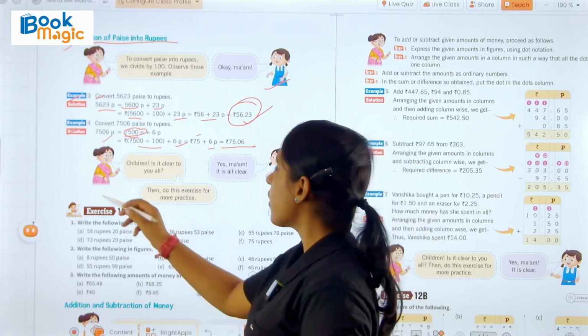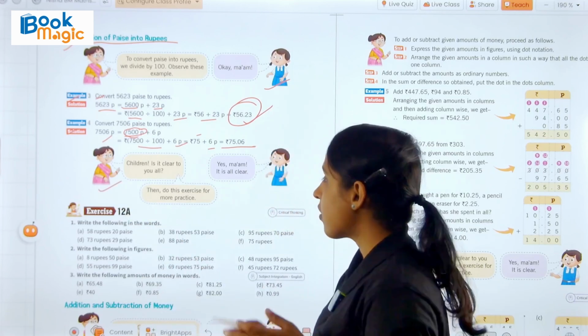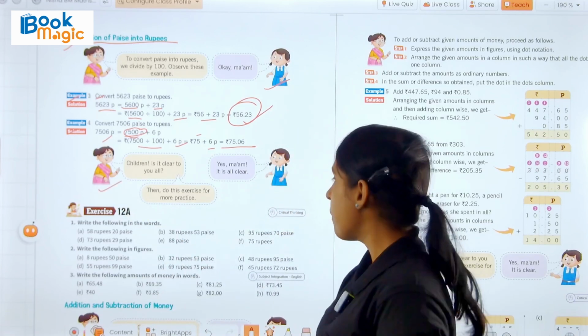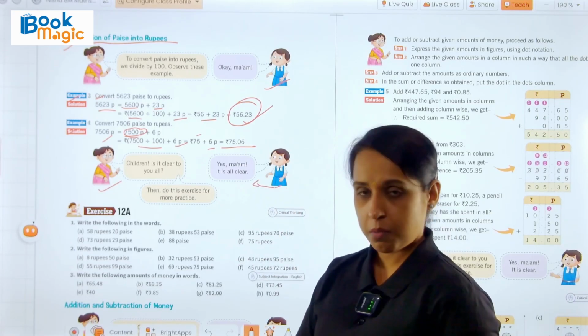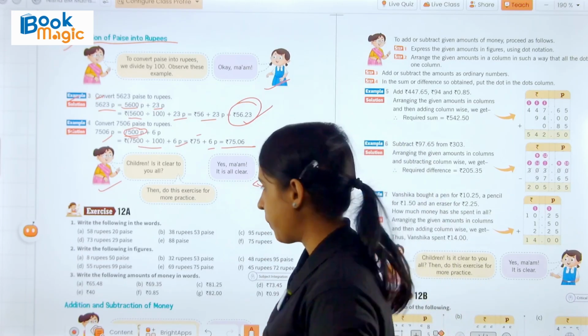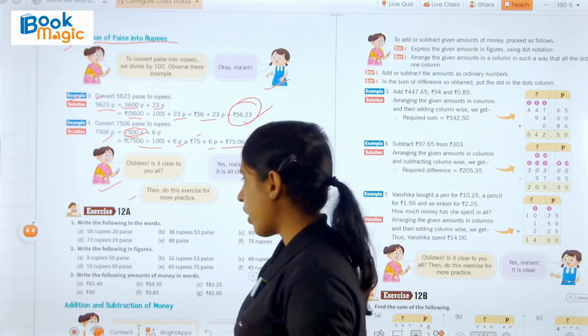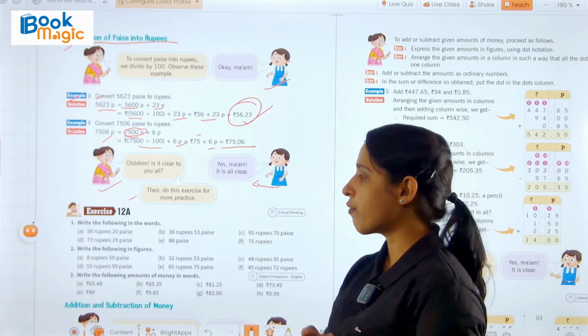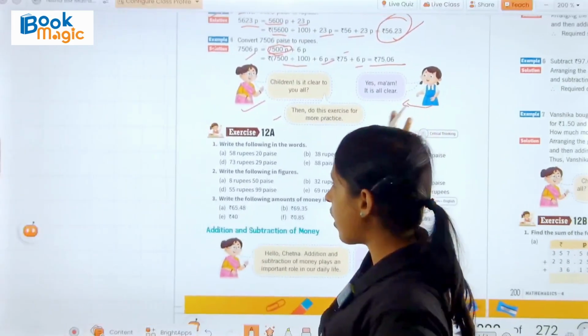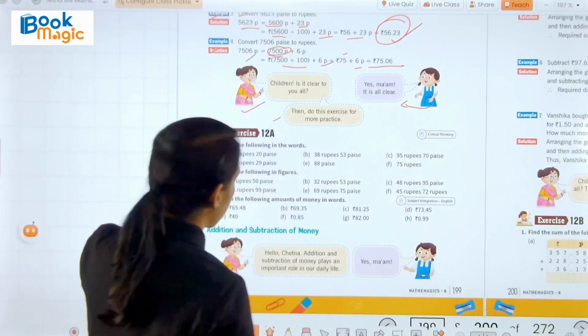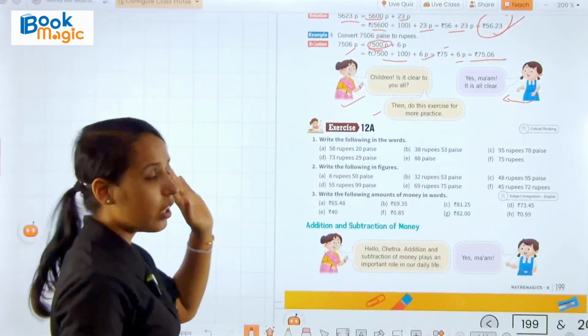Okay. Then the teacher asked the students, children, is it clear to you all? And then Chetna replied, yes ma'am, it is all clear. Then the teacher said, okay, so do this exercise for more practice. So here we have exercise 12A in which we will do some questions on the basis of our learning.